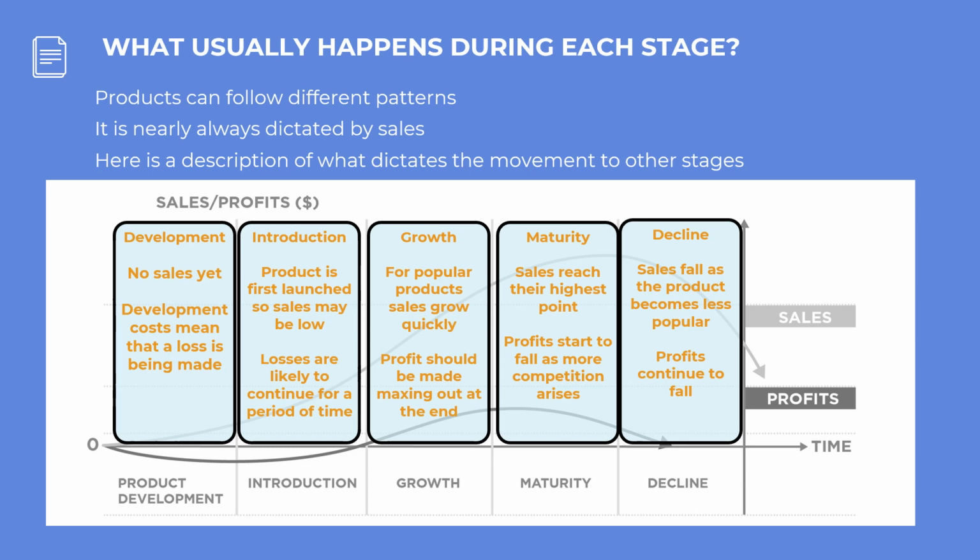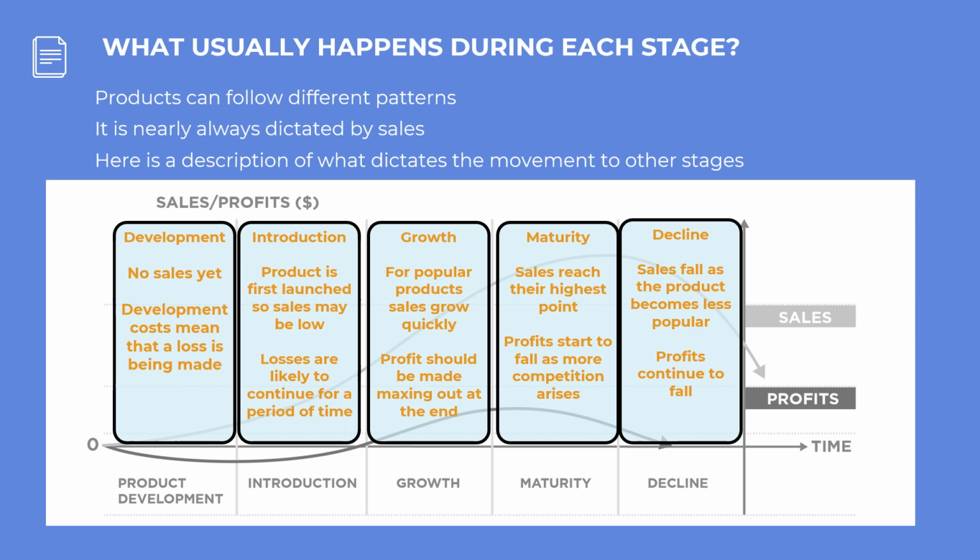Growth is the sort of middle stage. This is when your product is starting to get a lot more popular and you're starting to see a lot of sales and make a decent amount of profits. Maturity is when your sales reach their highest point, and as more competition starts to arise and people start to copy your idea, you might start to see a very slight fall in sales.